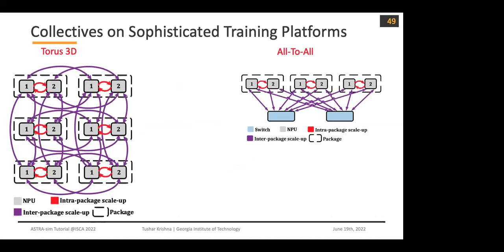Of course, these are for simple topologies, right? You have a ring or you have a fully connected topology. But you can imagine that if you're building an accelerator system that scales up to thousands of nodes, you will probably have more sophisticated topologies, right? So for example, this is an example of something like the Google TPU platform, where you have a 3D torus, right?